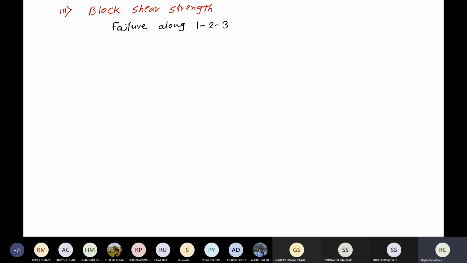Along line 1, 2, 3, the block shear has two basic components: one is the shear, another one is the tension.